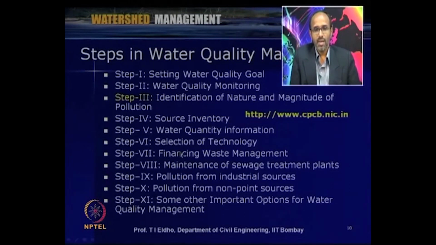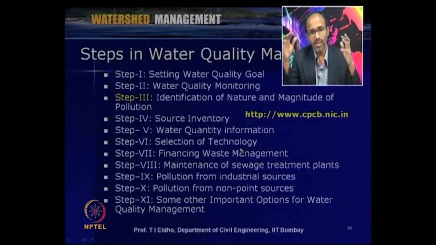Step number 7, financing waste management. Step number 8, maintenance of sewage treatment plants. Step number 9, pollution from industrial sources. Step number 10, pollution from non-point sources, and finally some other important options for water quality management.